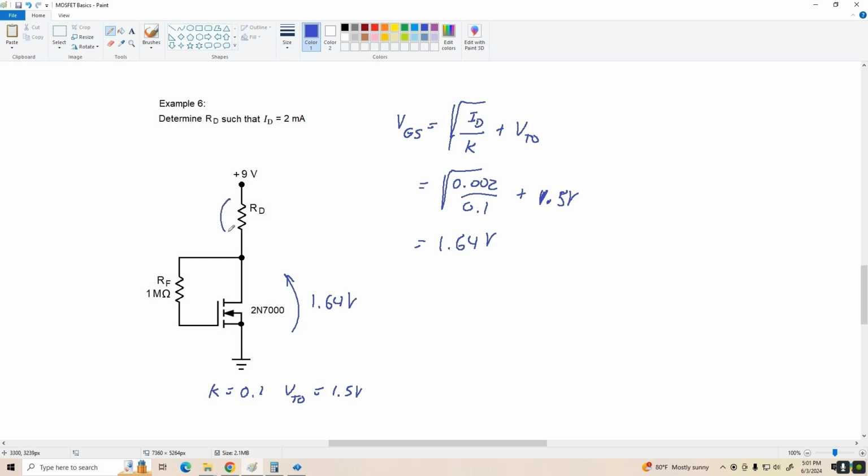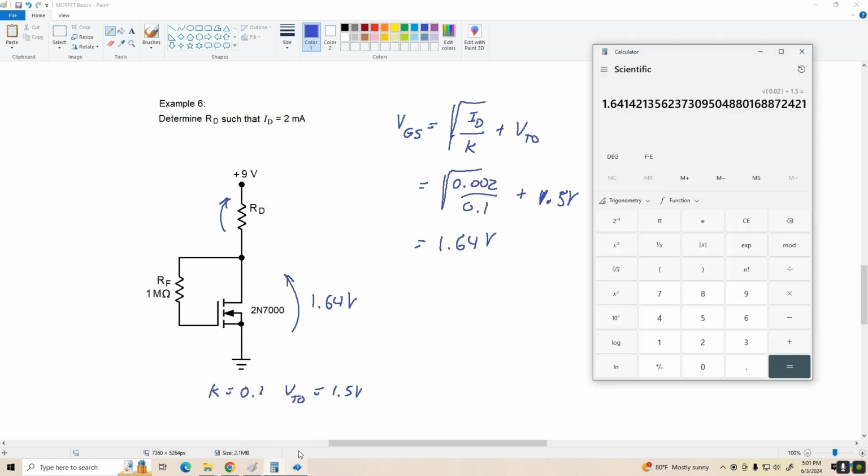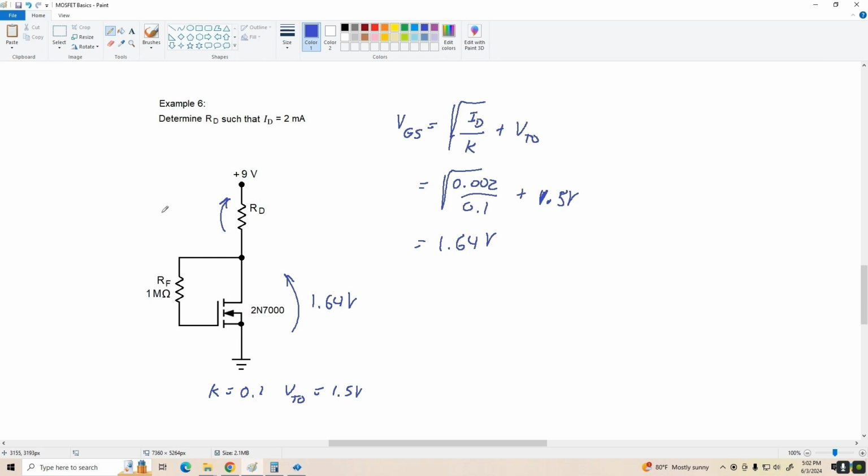So now we can find the drop across R sub D, which is going to be 9 volts minus 1.64. So we've got 9 minus 1.64, which is 7.36 volts.